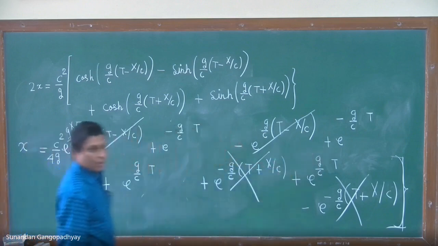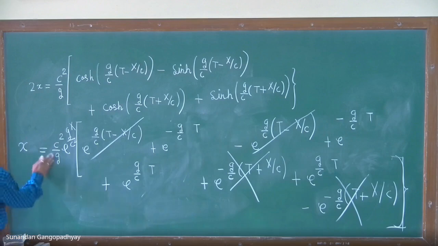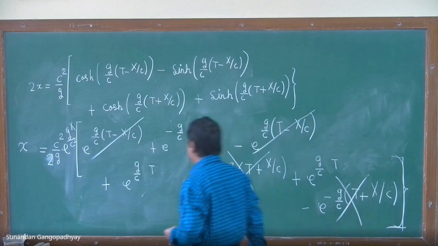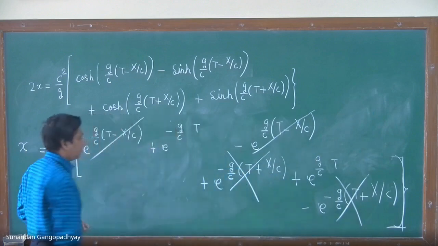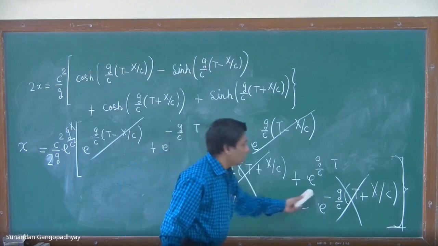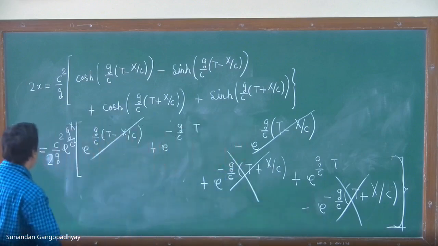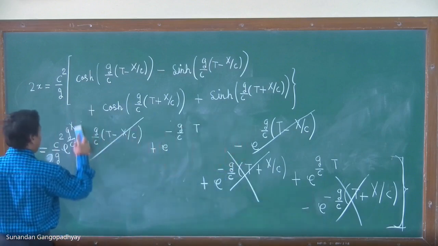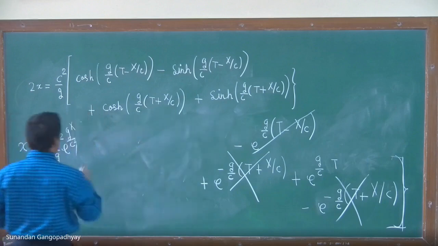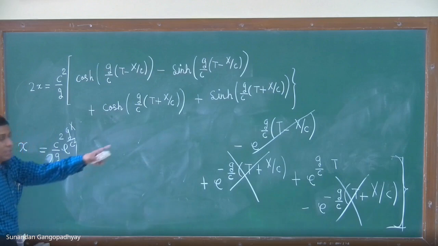this. So you get a 2. So once again this cancels this 2. Once again this becomes 2. And now this is x. Okay. So I've taken this factor. I just get rid of this and get rid of this. So what is this one? So this is twice cos hyperbolic gt by c.